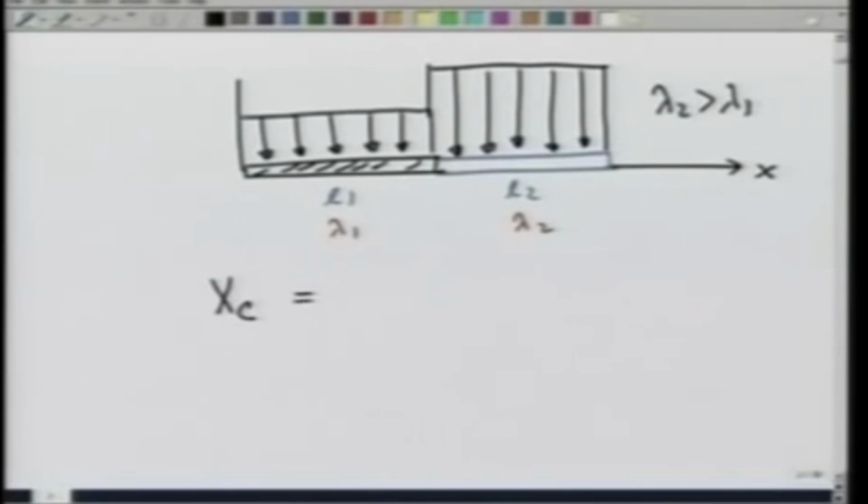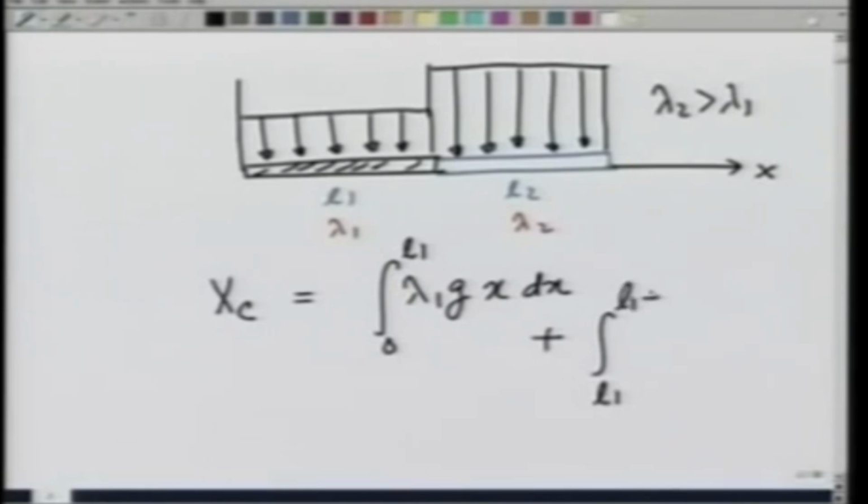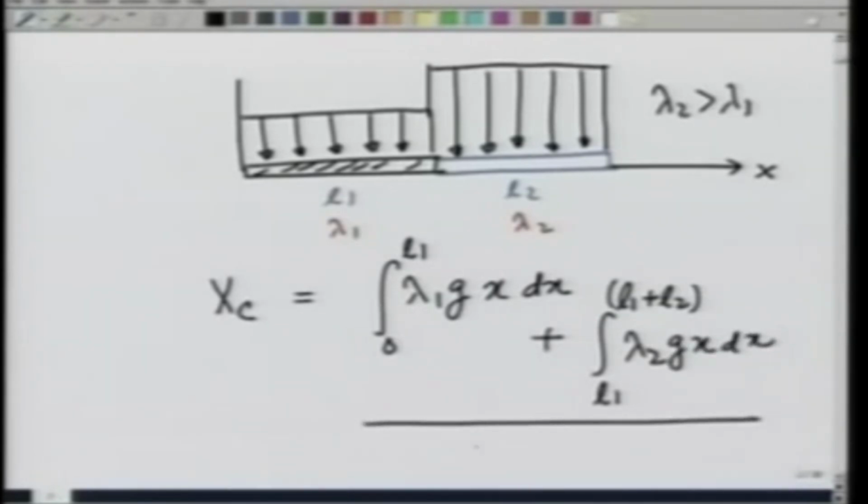So, this is going to be lambda 1 g, the load per unit length in the first part, times x dx integrated from 0 to L1, plus the integral from L1 to L1 plus L2 of lambda 2 g x dx, divided by the total area, which is going to be lambda 1 L1 plus lambda 2 L2 times g. You see, g cancels from the denominator and the numerator.